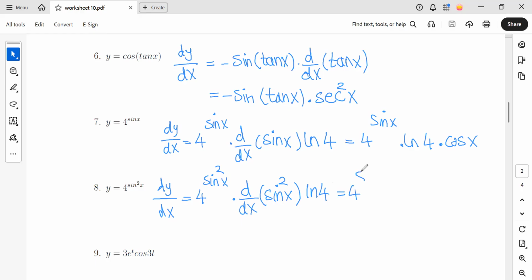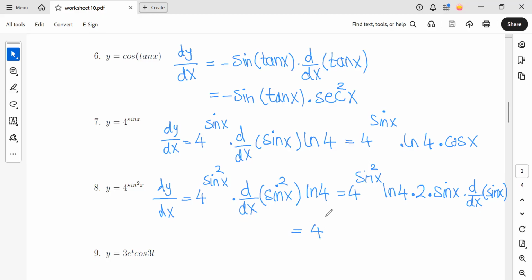So we have 4 to the power sine squared of x, we have ln of 4, and for taking the derivative of sine squared, since the overall function here is a power function, you would write it as 2 sine of x to the power 1 less, which is 1, and the derivative of sine. So we know that the derivative of sine is cosine.